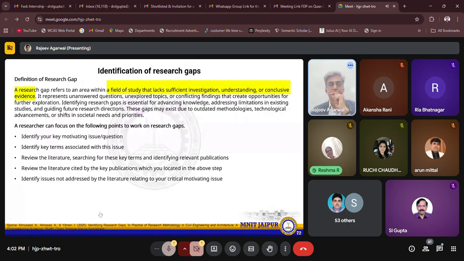Now a researcher has to focus on the following points: key motivating issue, terms, review the literature, and just now I have told this.